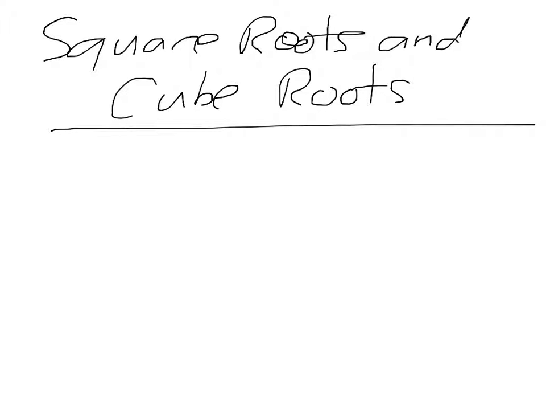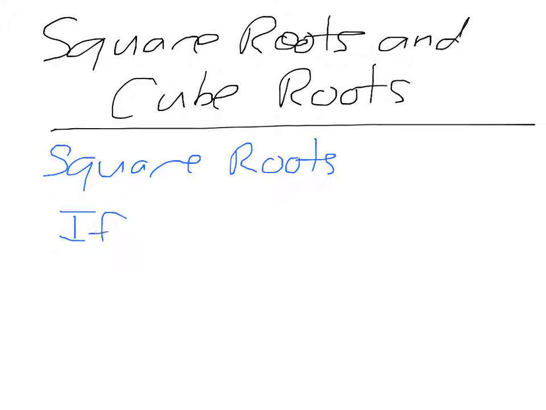Let's talk about square roots for a second. When you take the square root of a number, you're looking for a number that when multiplied by itself gives you the original number back. So the definition for square roots is this. Let's write this down. Square roots.